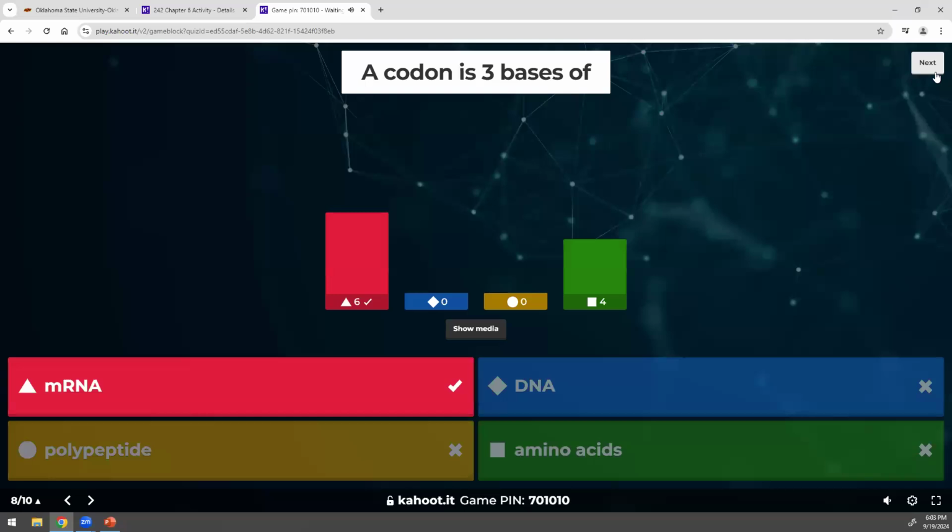So a codon is 3 nucleotides on the mRNA. Remember how you can have the 3 nucleotides? It's still the same code, right, that you have in the DNA. But in the DNA, we call it a triplet. We don't call it a codon. It's only a codon in mRNA. And that codon, that AAA or whatever, codes for an amino acid by association with the tRNA that carries it.